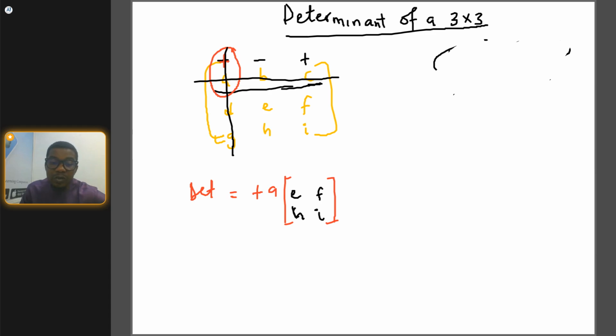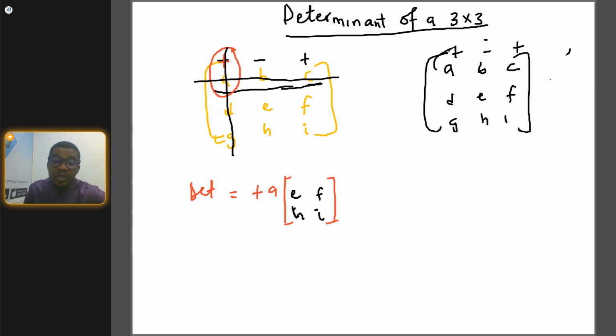Now we have to take the next one also. The next one, we have A, B, C, D, E, F, G, H, I. Still the same sign: plus, minus, plus.